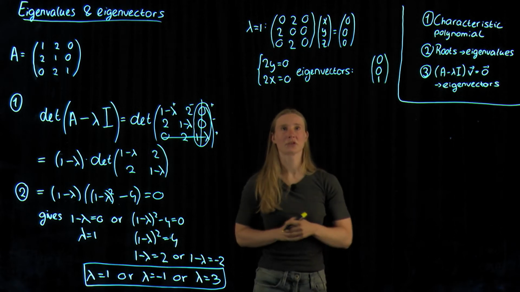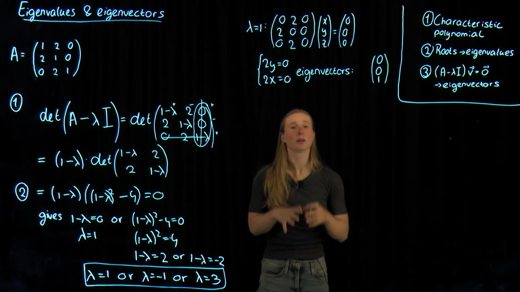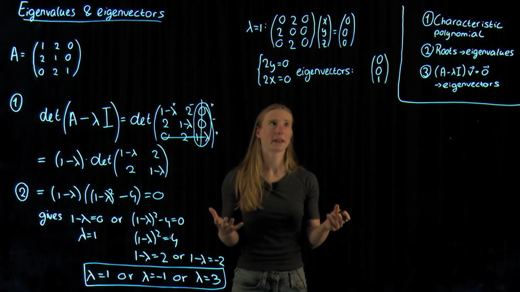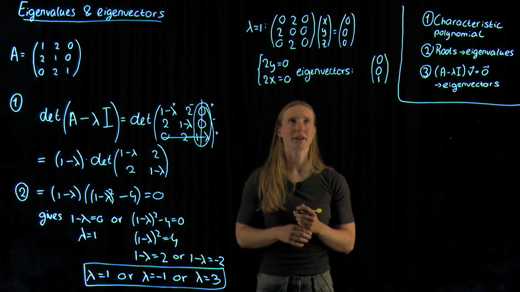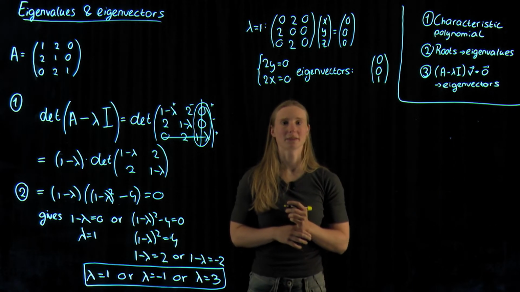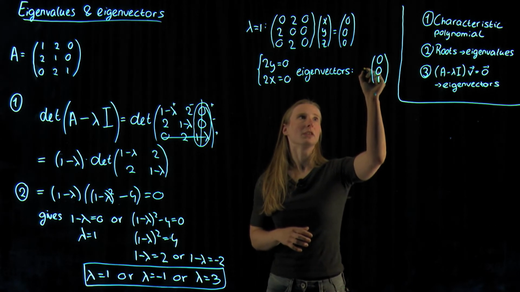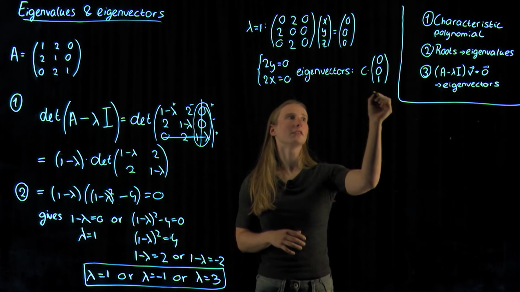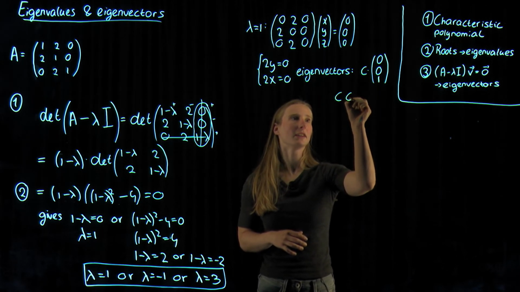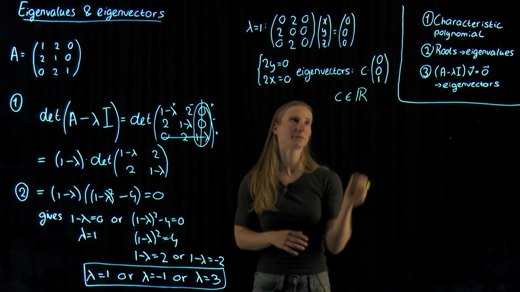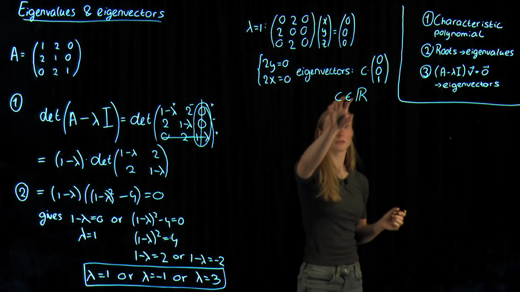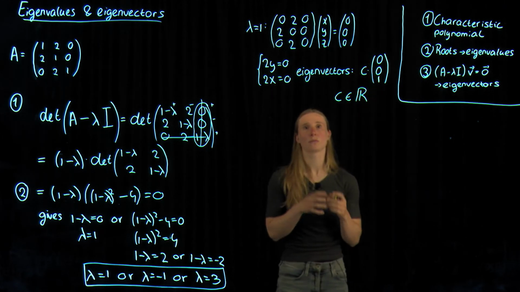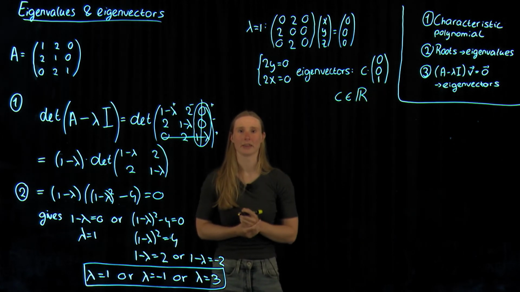So this is one particular eigenvector, but it's not all of them. To get all of the eigenvectors, we should multiply by some constant, so let's say c. And c is some real number. So now these vectors form all of the eigenvectors in this specific case.